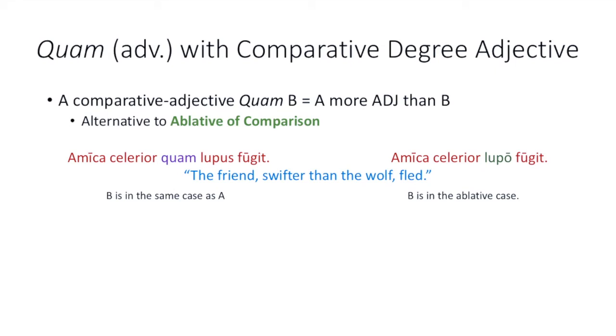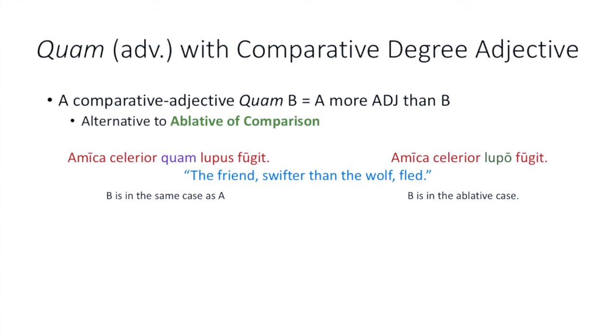Here, B is in the same case as A, so amica, that is celerior, is nominative, and lupus is also nominative. This is different than the ablative of comparison, where the lupus would be in the ablative, and there would not be quam. So, amica celerior lupo with the ablative of comparison.